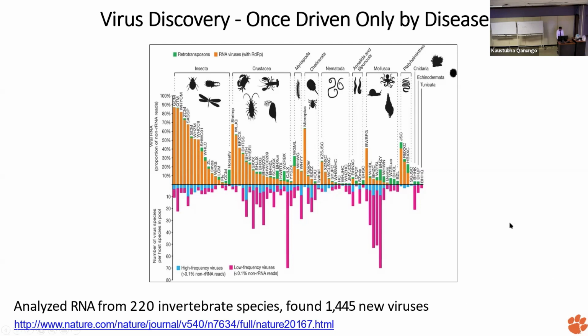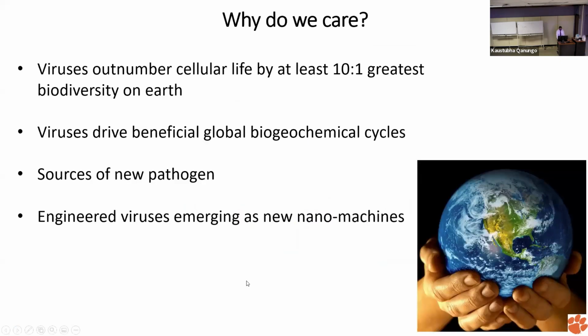All right. So why do we really care? You can see that viruses outnumber cellular life by 10:1, giving huge biodiversity, and are beneficial to global biogeochemical cycles. We just saw that there are 10^16 infections happening every second in the ocean.